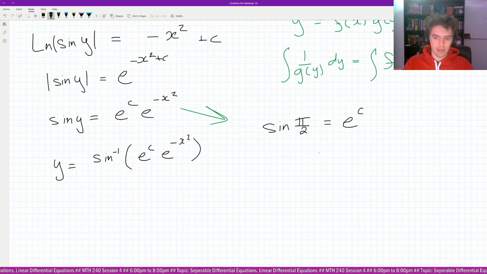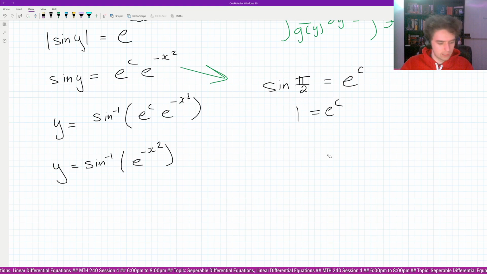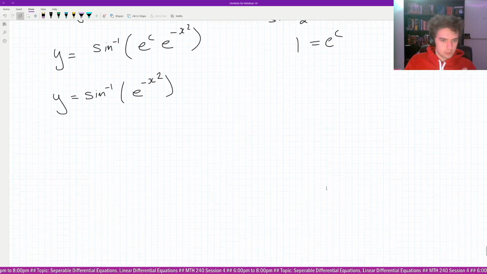Sine of pi over 2 is 1, I think. So 1 equals e to the c. So y equals sine inverse of e to the negative x squared is our answer. Let me check sine of pi over 2 on my calculator. Yes, it's 1. So there's our solution.